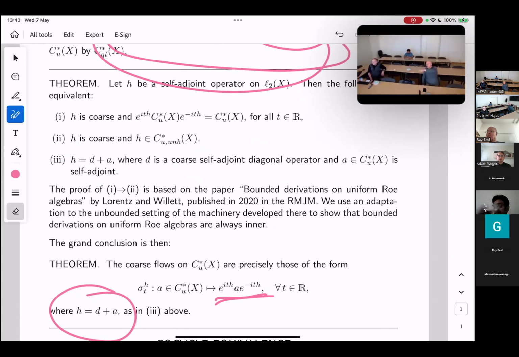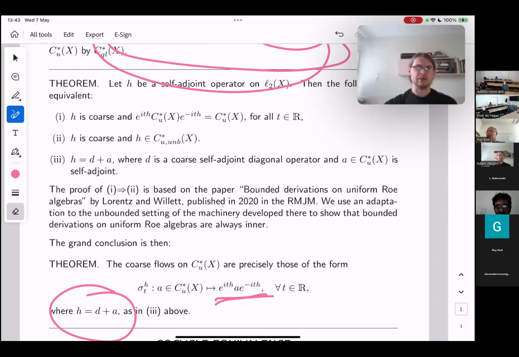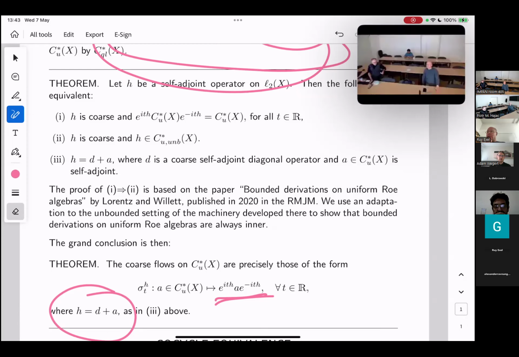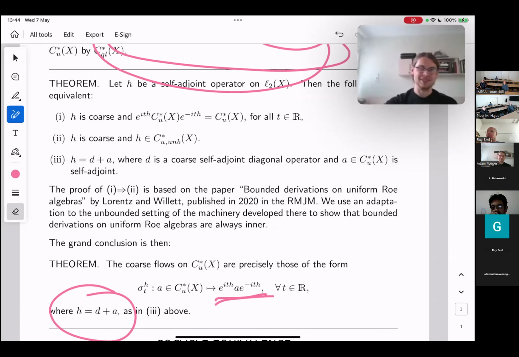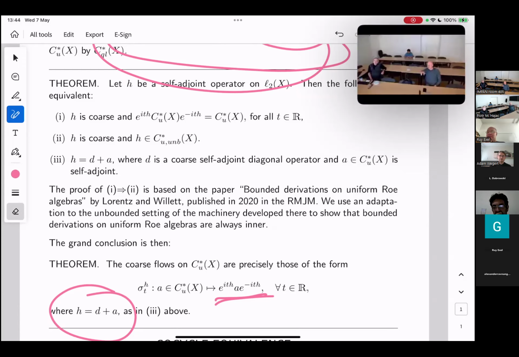This is the only non-uniqueness of this decomposition. But I think that being diagonal is stronger than being of finite propagation. Yes, finite propagation is like a thick diagonal, in some sense. Exactly, diagonal is zero propagation. So the intersection of these two classes is coarse self-adjoint diagonal bounded operators, which is L infinity.